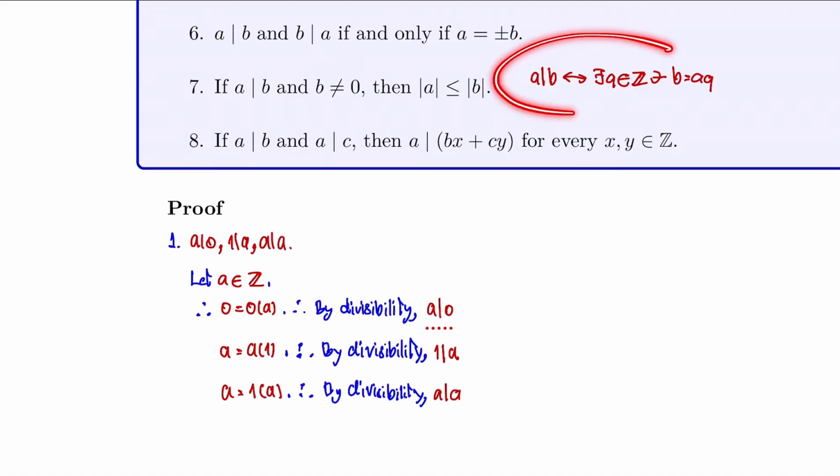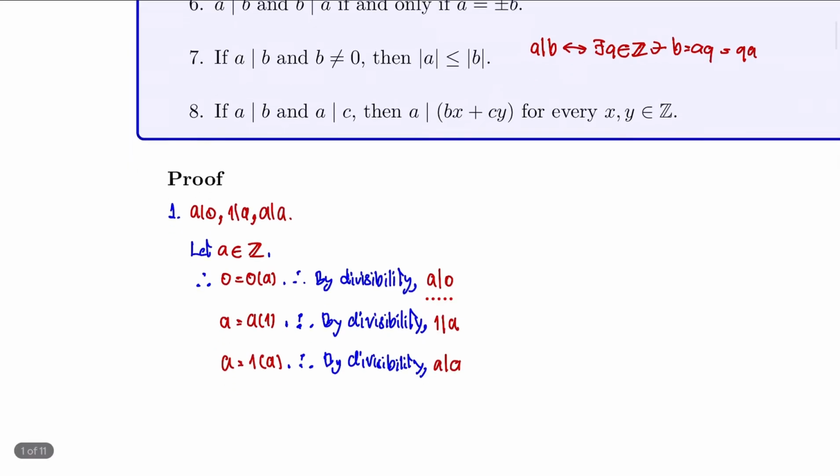So we use this definition: a divides b if and only if you have a quotient q, which is an integer, such that b equals a times q, or you may write q times a. So this is what we have for the first property.